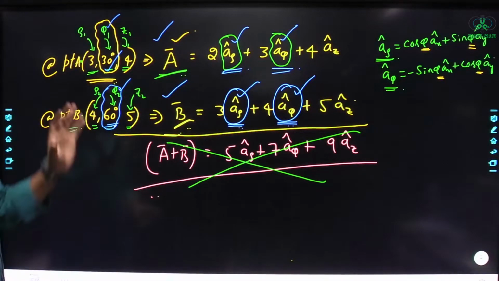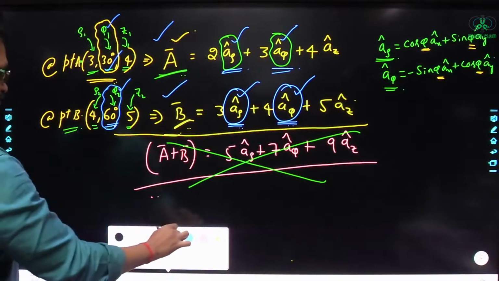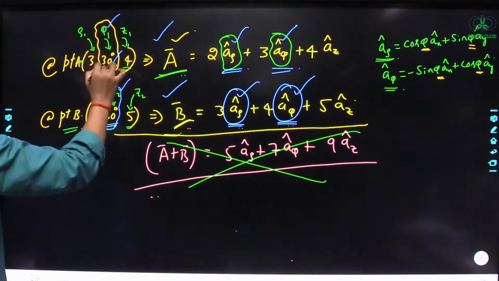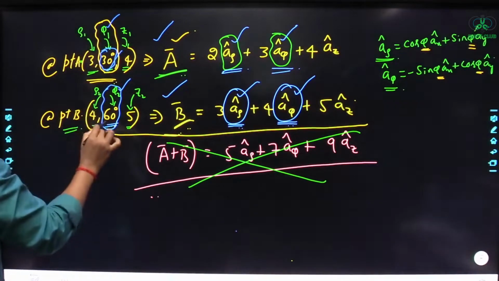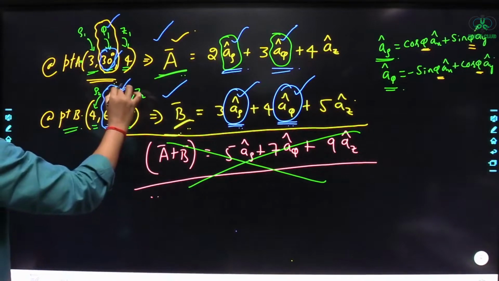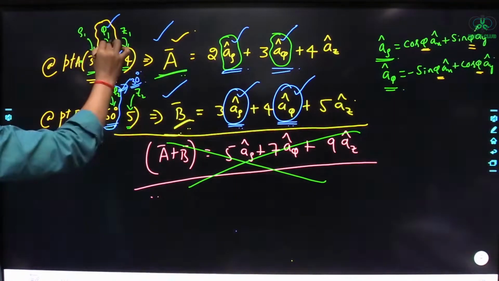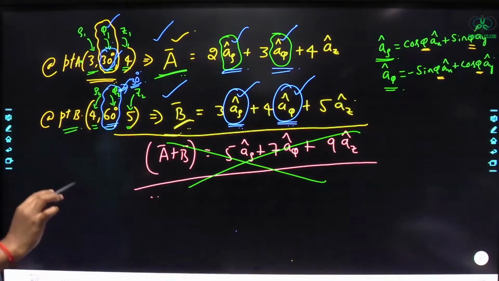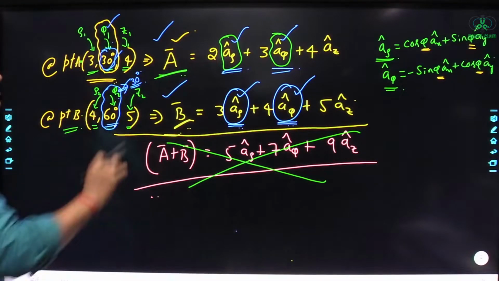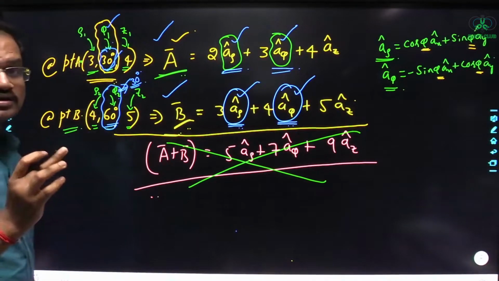If, for example, we consider phi 1 as 30 degrees and phi 2 also as 30 degrees, then both phi values are the same.